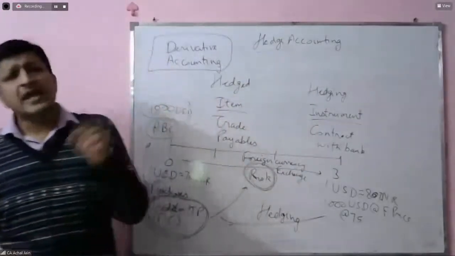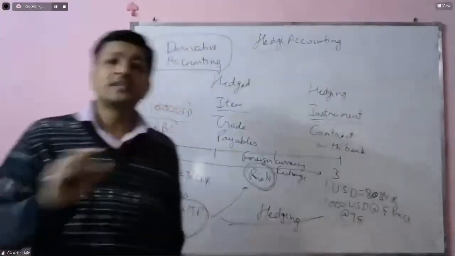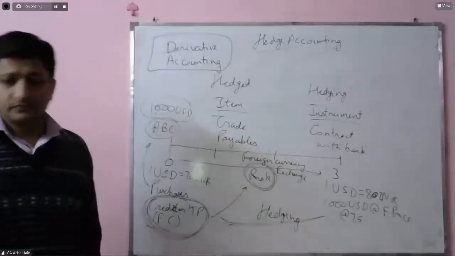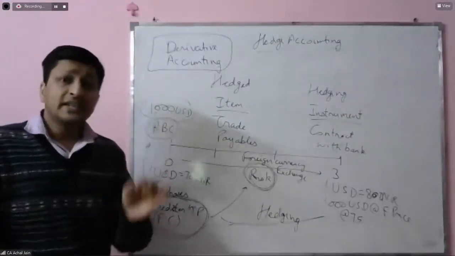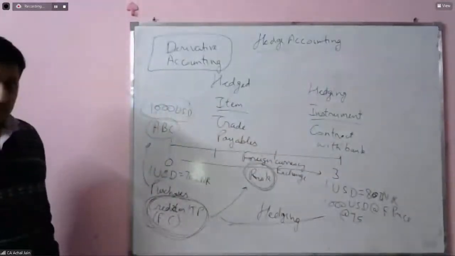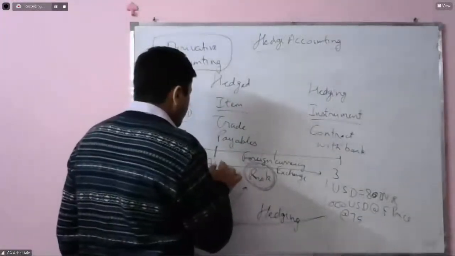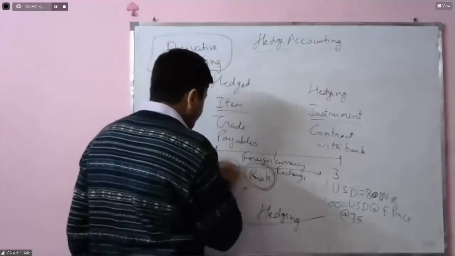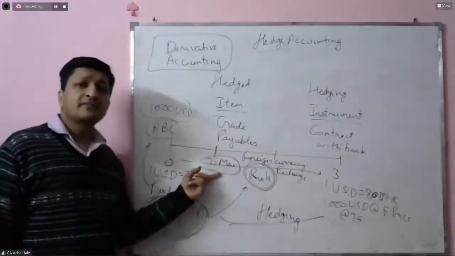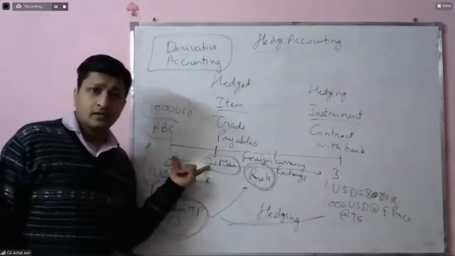Because when we do hedge accounting, the volatility which arises due to derivative accounting goes off till the time the contract is settled. Let's suppose this is the cutoff date, 31st March. If we do derivative accounting, then on 31st March, when we close the books, some impact will go to P&L.